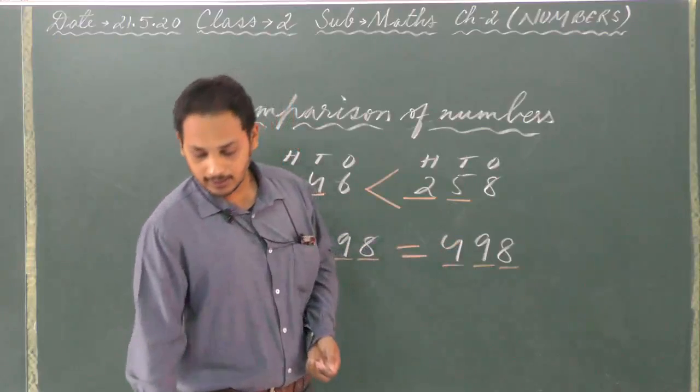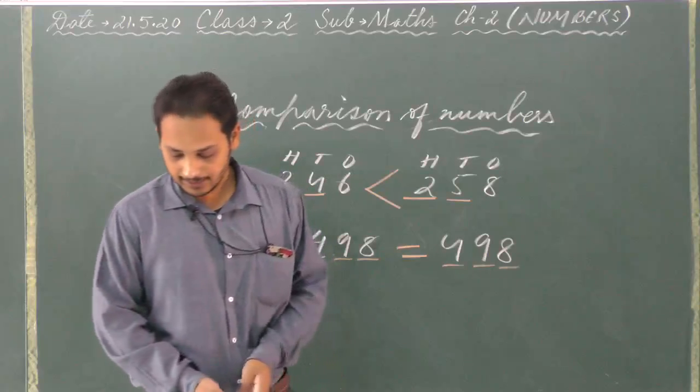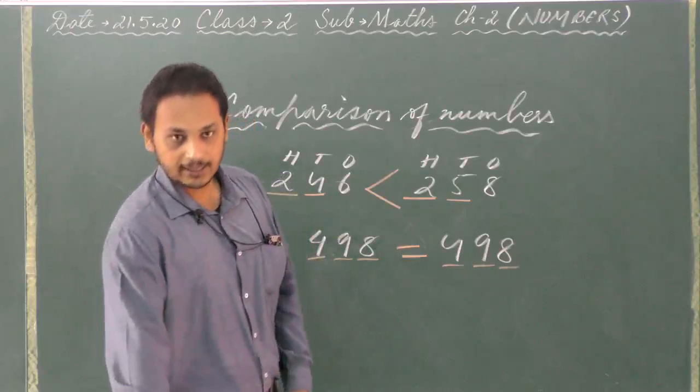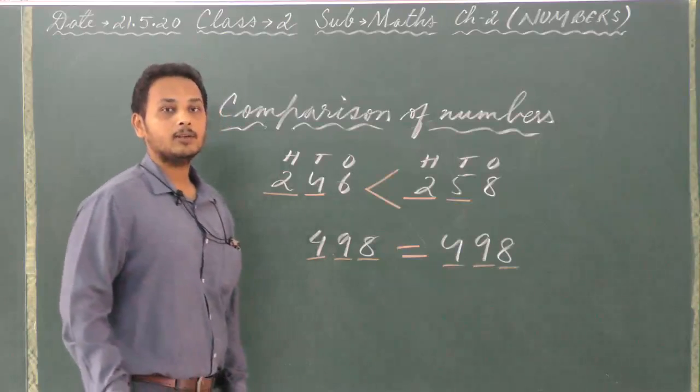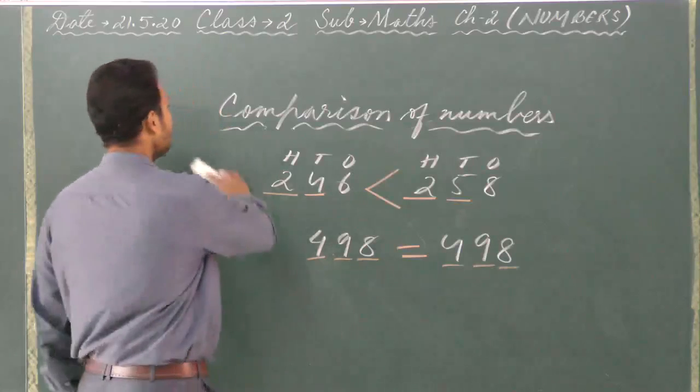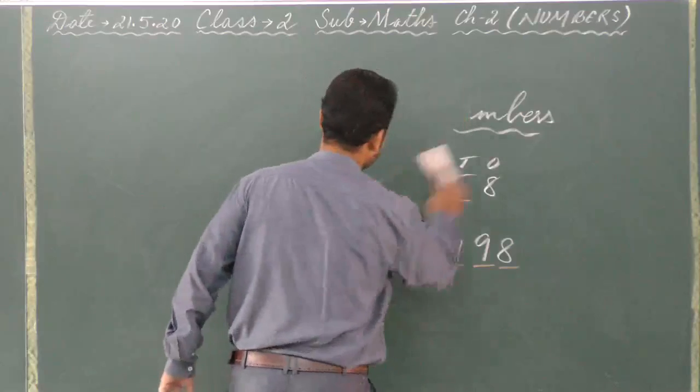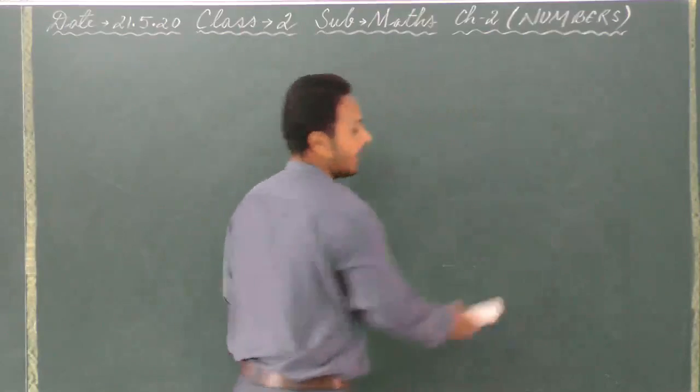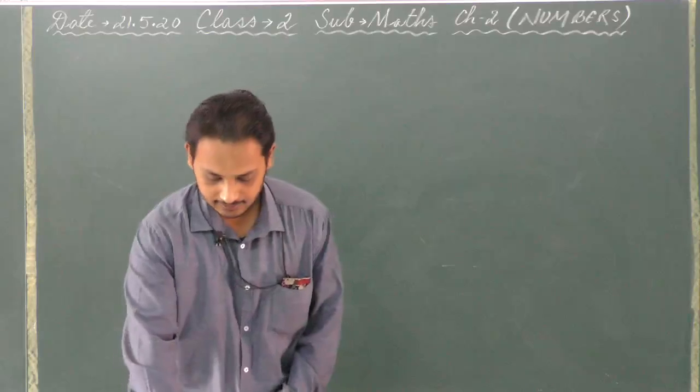Based on this, you have an exercise on page number 19 that you are going to do yourself as your homework. Now I just need 1 more minute to write down the homework and then we will finish this class.